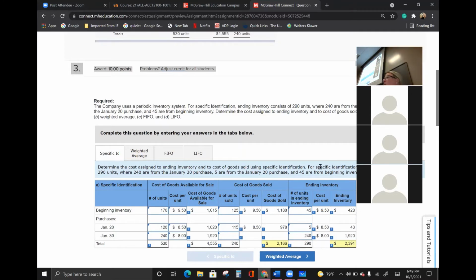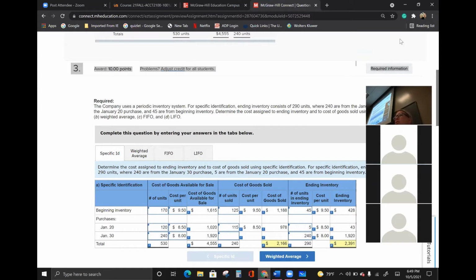So I'm doing this last one first because they're giving me my ending inventory. So I have 45 at $9.50. They're also telling me that I had 240, it looks like, from the January 30th purchase.